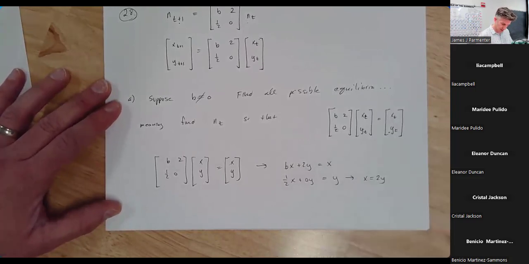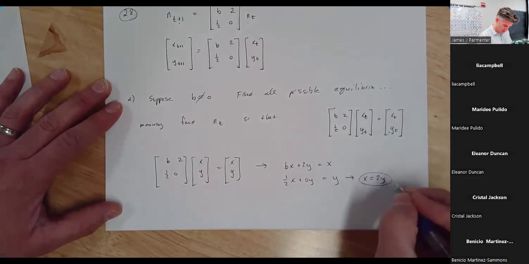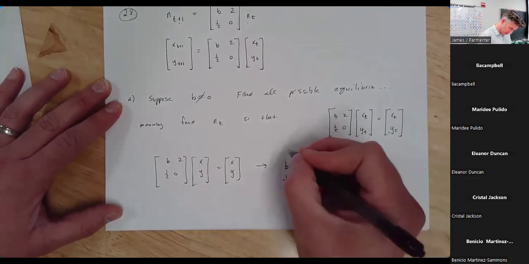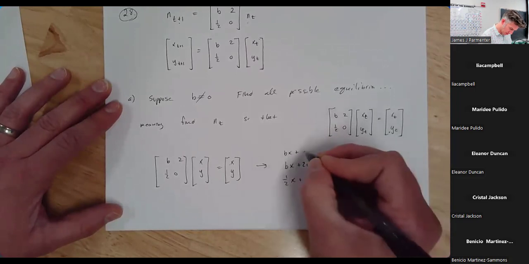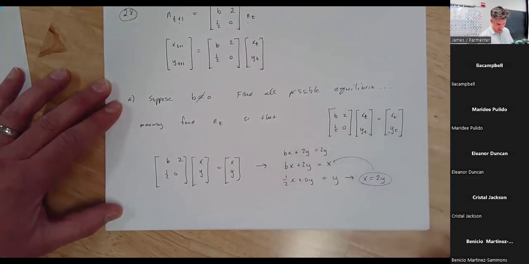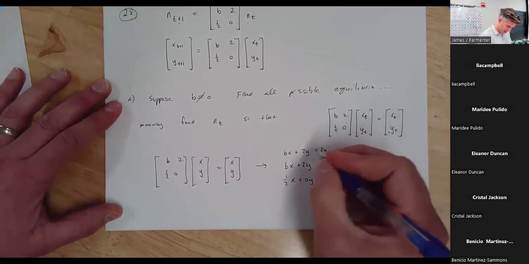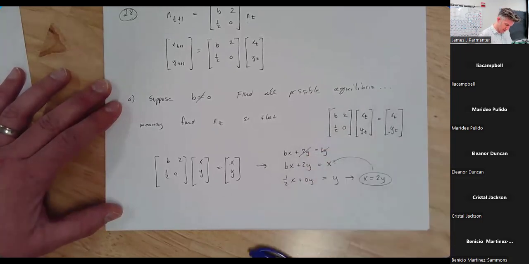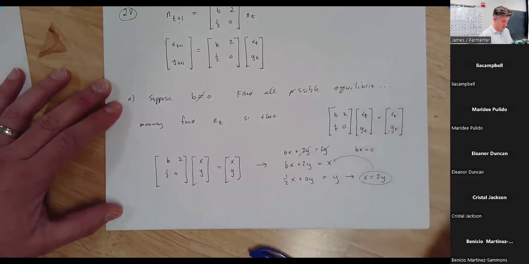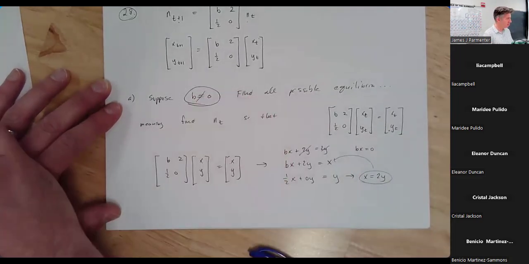Plugging that into the first equation, I see that b times x plus 2 times y equals 2 times y. I guess I could have plugged it in over there as well, but I didn't. The two y's cancel, and we get b times x equal to 0. We've assumed that b is not 0.